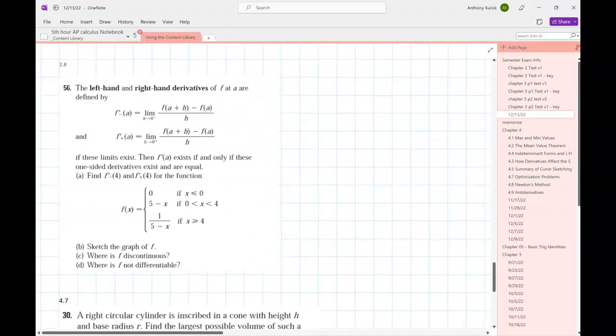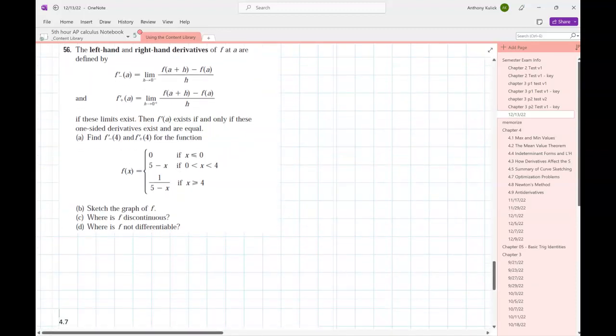Next one is 2.8, number 56. So this says the left-hand and right-hand derivatives of f are defined by f prime with a subscript of negative of a, being the limit as h approaches 0 from the left of my standard derivative rule, and f prime subscript plus of a is the limit from the right as h approaches 0 of my normal derivative at a point definition.